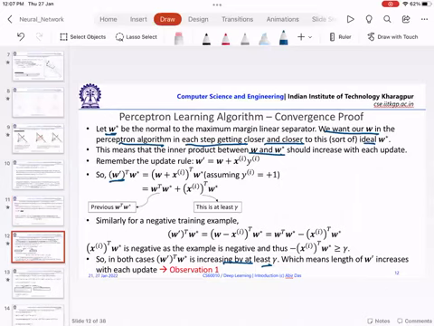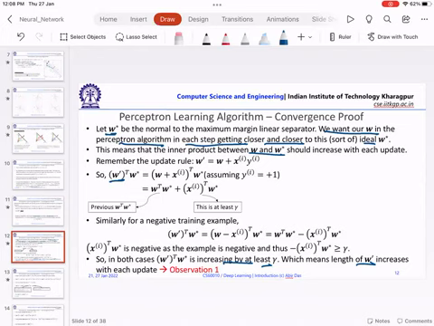And we see that for misclassification of both negative and positive examples, W prime transpose W star increases with each update.